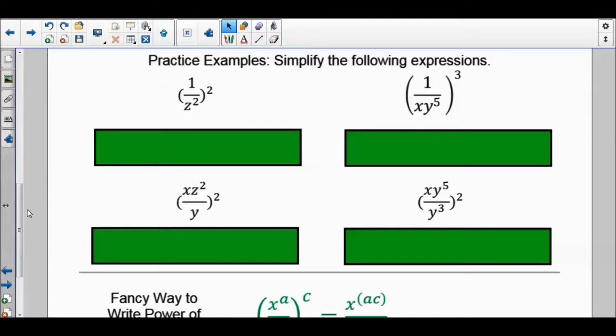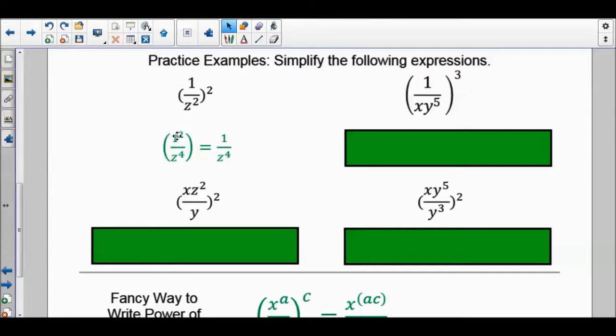Okay, I hope you paused the video and tried it on your own before checking with the video. So for this one, we're going to take that 2 and distribute it to everything involved. So we would have 1 squared on the top, right, because you put the 2 on there, and then z to the fourth, because 2 times 2 gives us to the fourth. Well, 1 squared is just 1, so our final answer is 1 over z to the fourth.